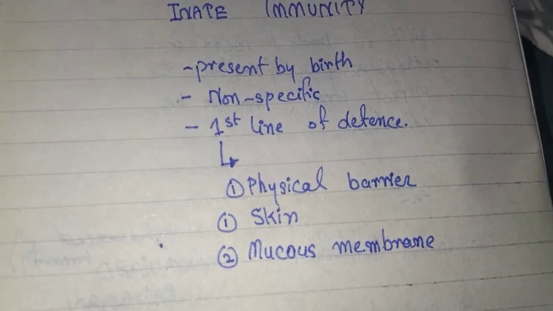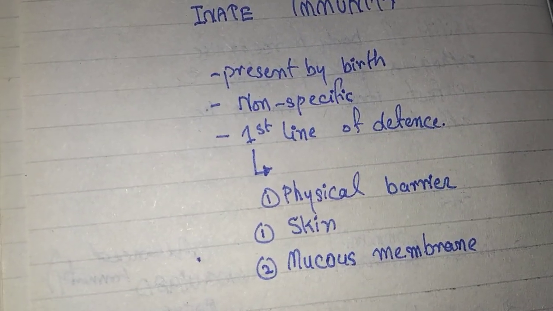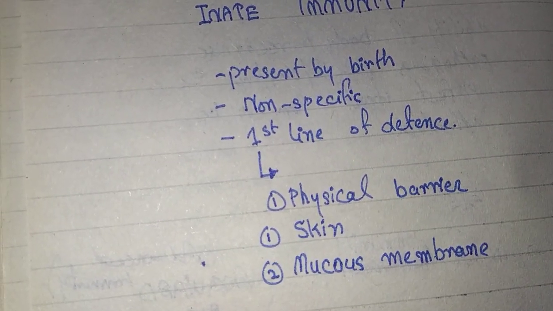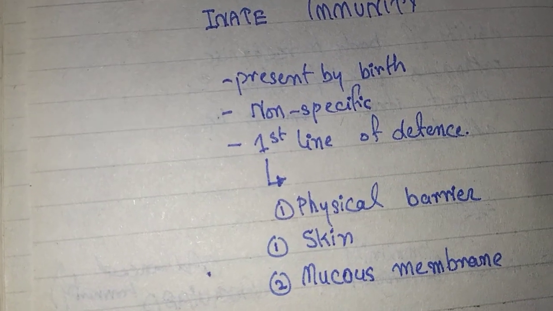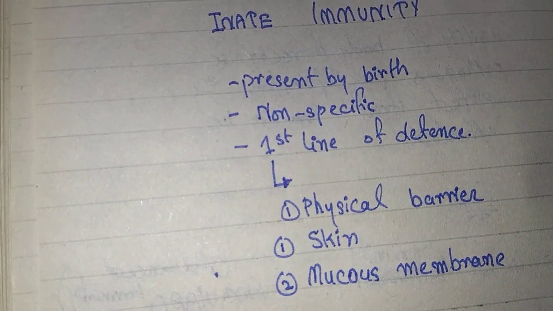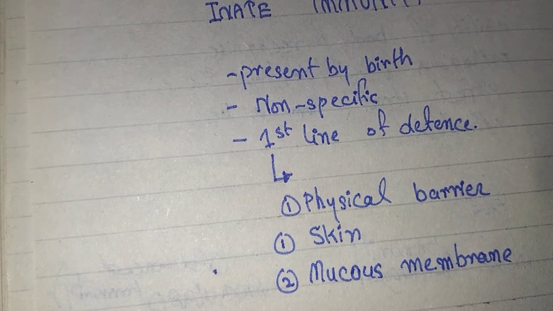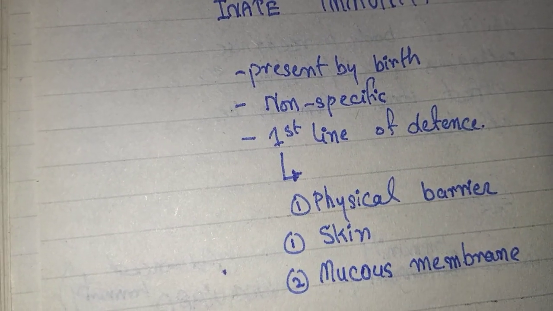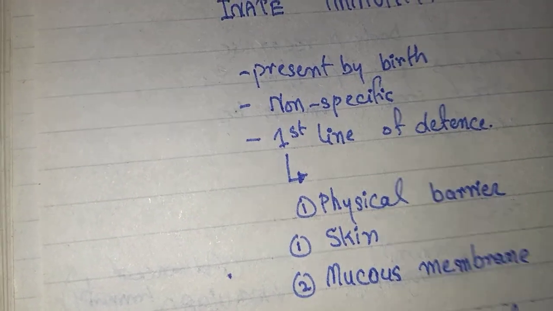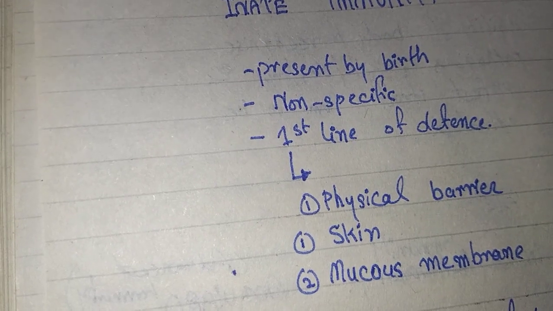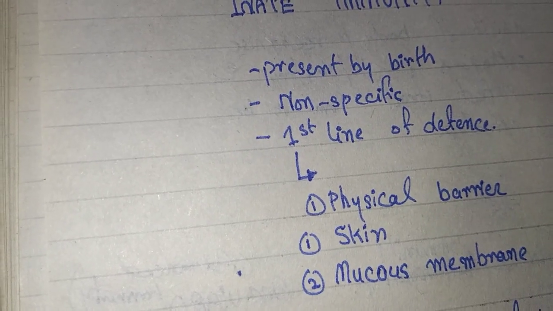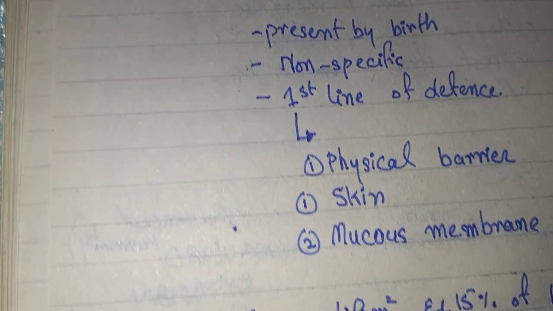First, let us discuss the skin. Skin is the largest organ of our body, covering about 1.8 square meters and 15% of our body weight.